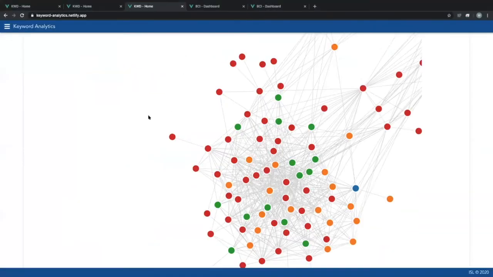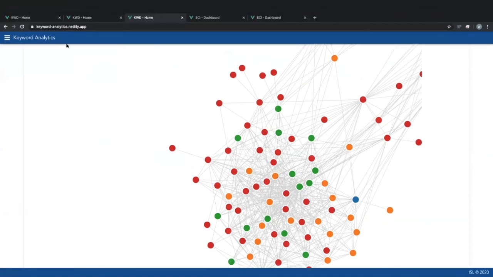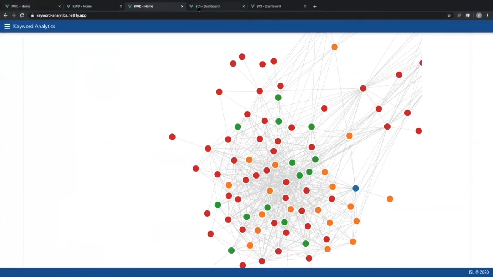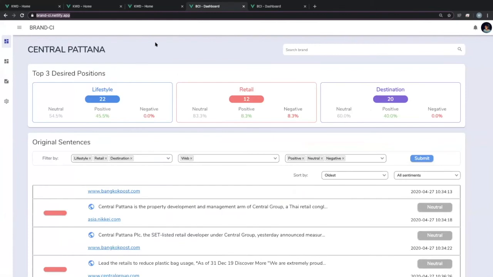And from here, we use Central Patana for our showcase.